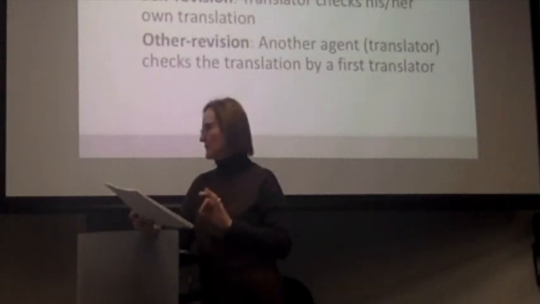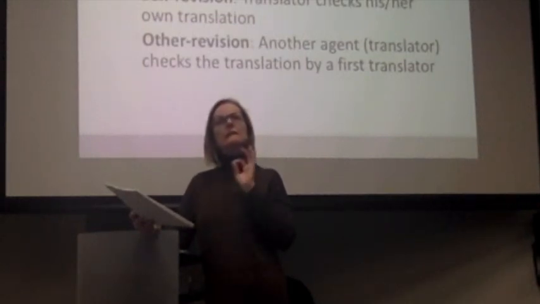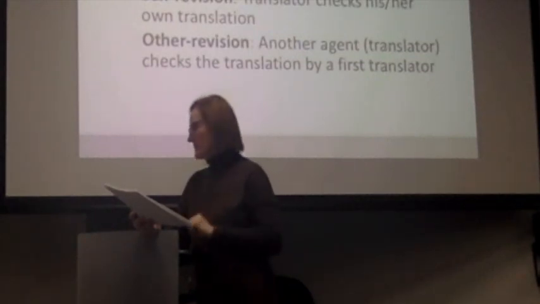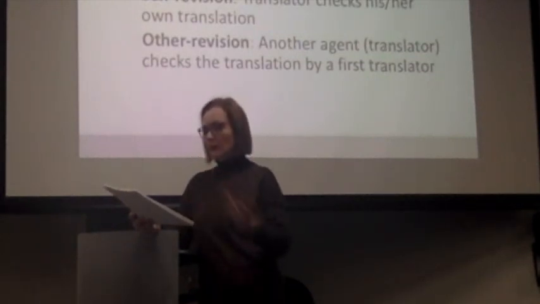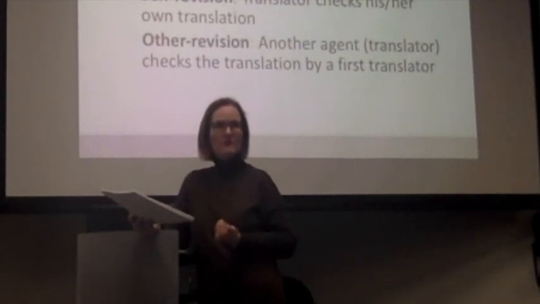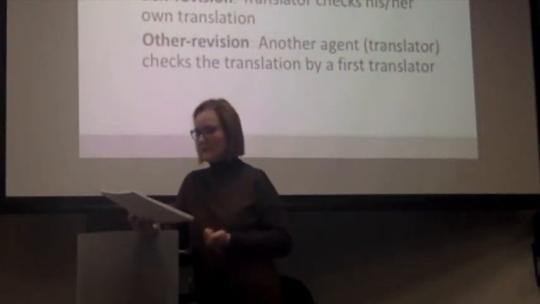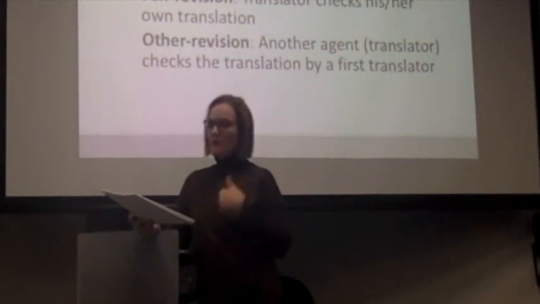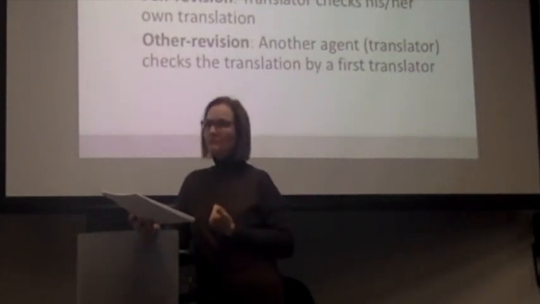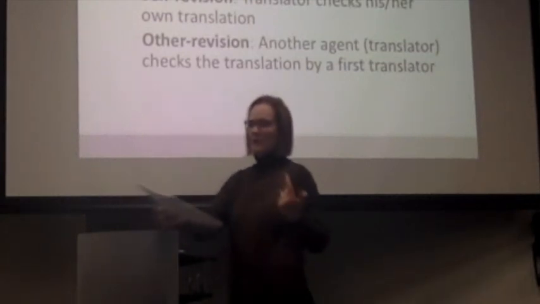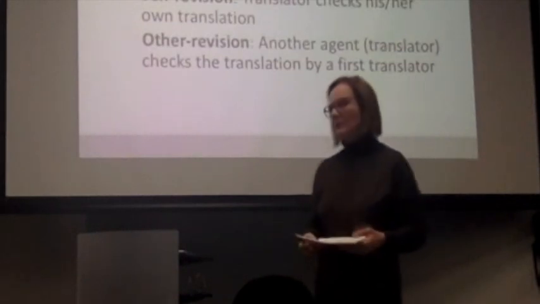or herself. And he makes a clear distinction between two main types of revision according to the agent performing the task, namely self-revision, where the translator checks his or her own translation, and other revision, where another agent, could be another translator, but another person, checks the translation by a first translator.